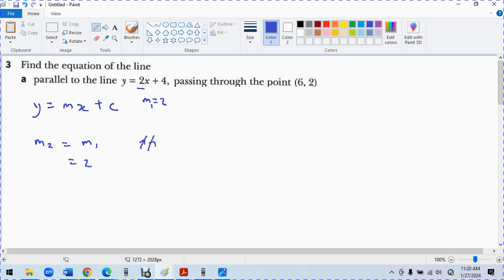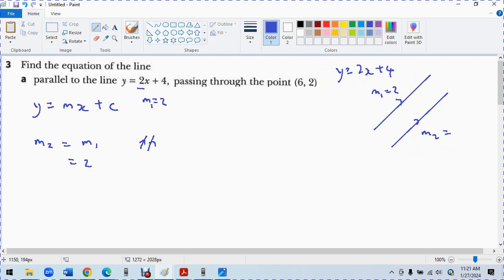So the line y equal to 2x plus 4 should look something like this, and then we have the other line that is parallel to this one and passes through (6, 2). So for y equal to 2x plus 4, gradient 1 is 2.